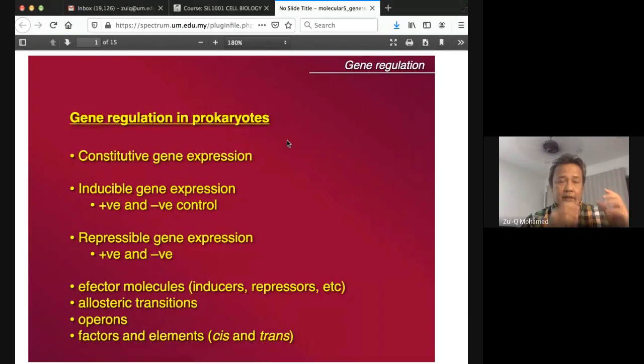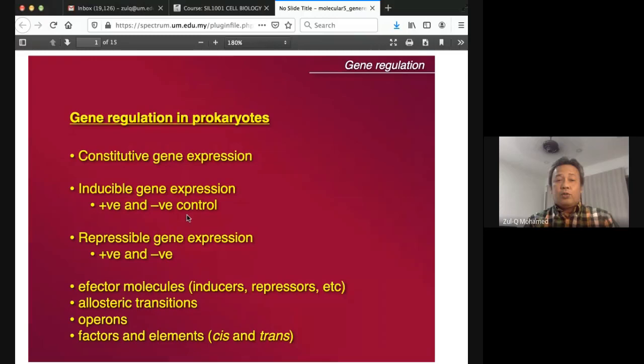Constitutive, always on. Regulated can either be inducible or repressible. Inducible means if you need it, you switch it on. Repressible means it's always on, but if you have too much of it, you switch it off. So these are the two different categories.